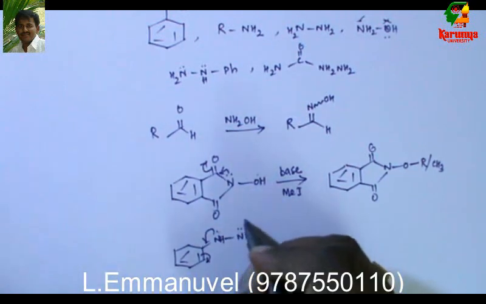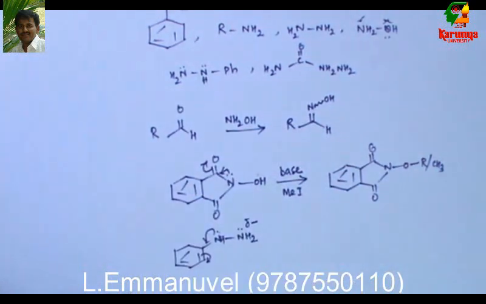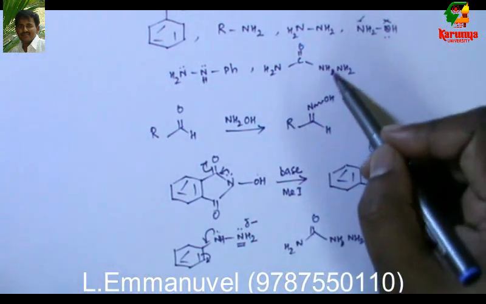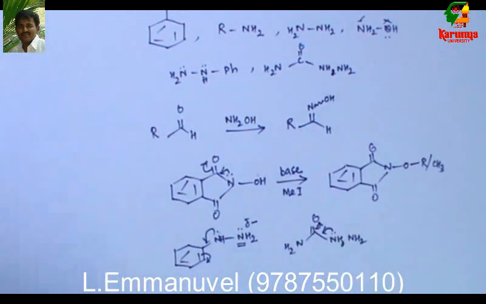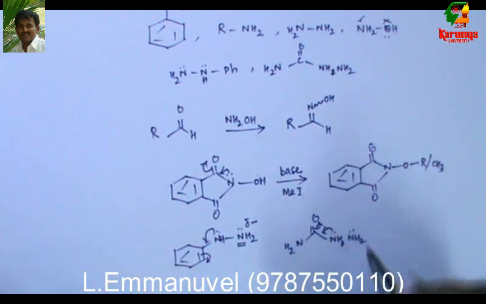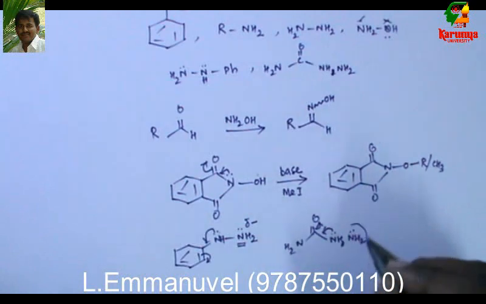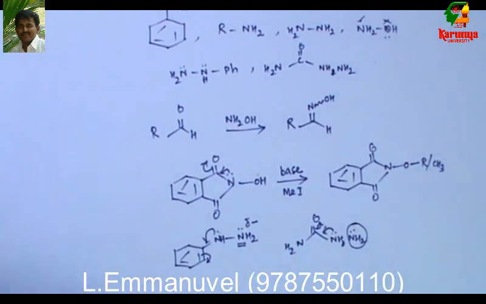So there is more delta minus on this compared to this. So this nitrogen will act as the nucleophile. Similarly, in the semicarbazide, this lone pair of electrons is involved in resonance, but this one is fully available to act as a nucleophile. So this nitrogen is more nucleophilic than the other one.